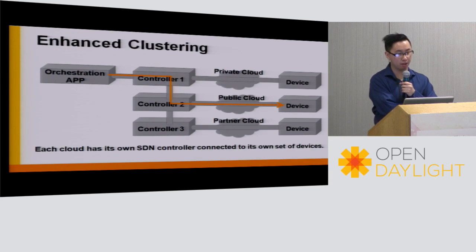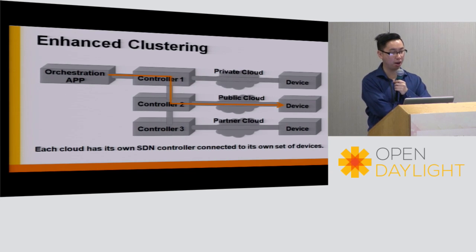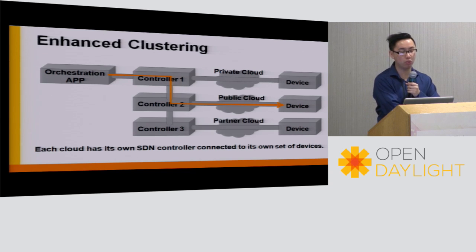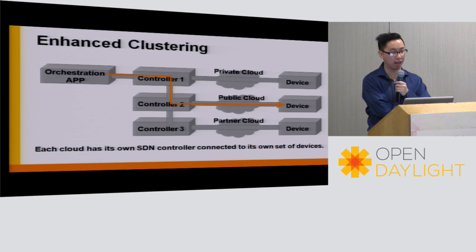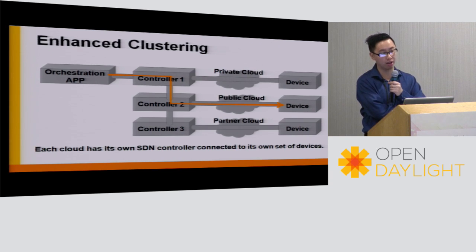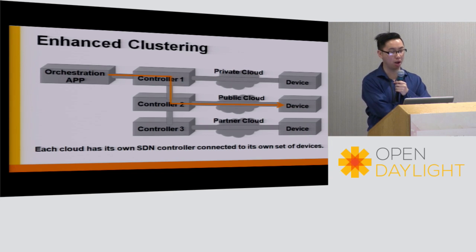Another scenario is the intercloud scenario where our enhanced southbound clustering can come into play. You may have environments where you have certain devices connected to, say, a private cloud that's being controlled by controller 1. You may have devices connected through a public cloud to another controller 2.